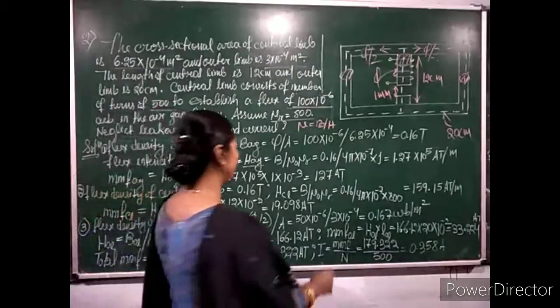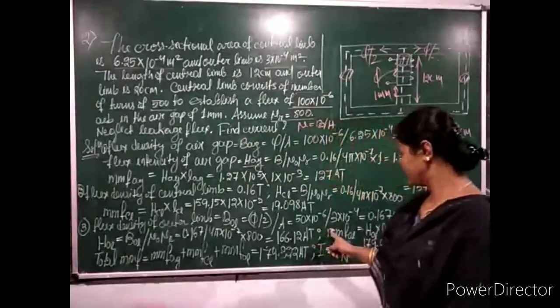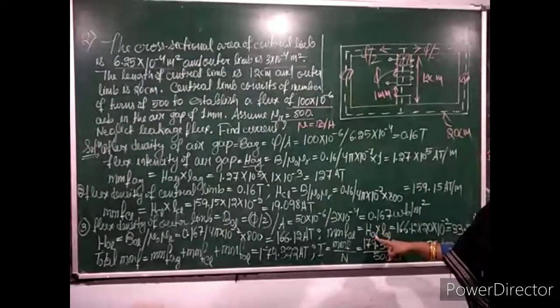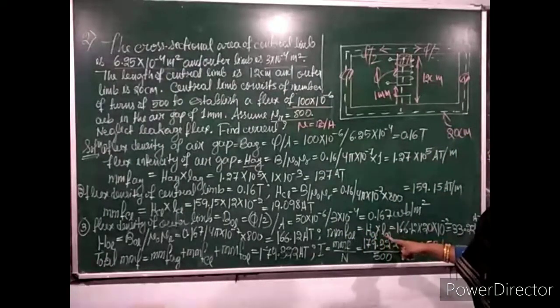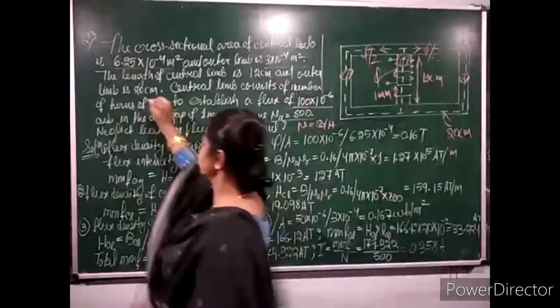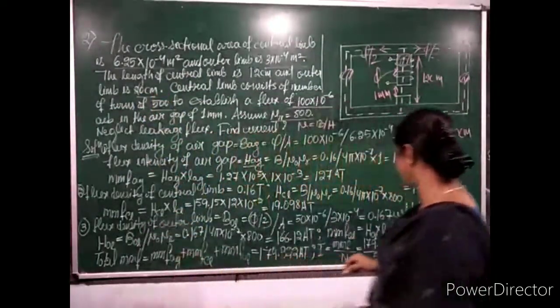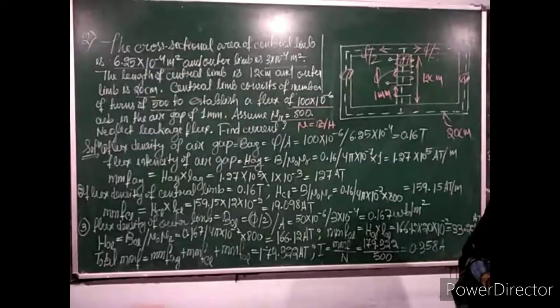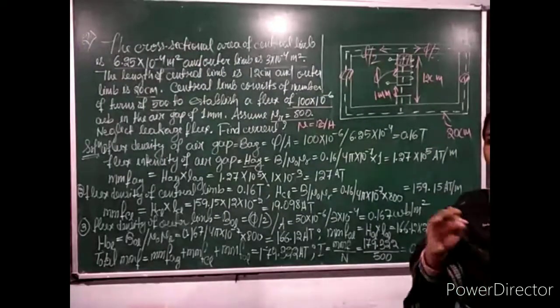After that, you calculate MMF of the outer limb, which is equal to the product of intensity of the outer limb into the length of the outer limb. Length of the outer limb is given as 20 centimeter. You put the value here, which gives 33.224 ampere turn.